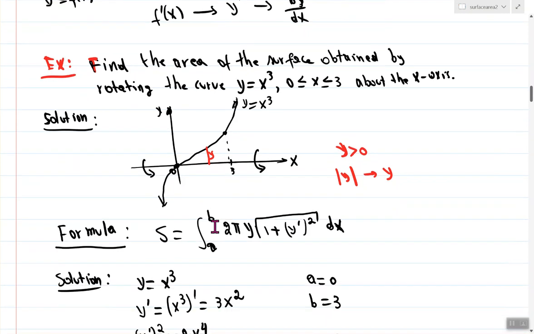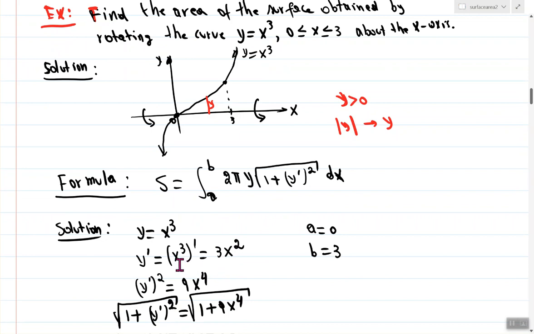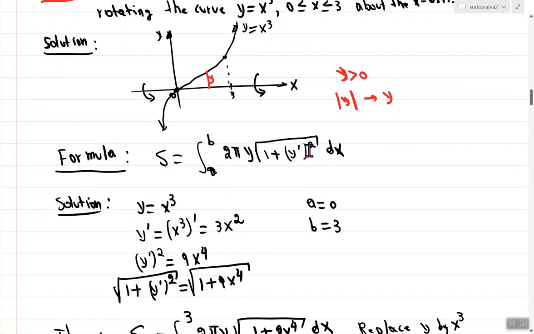So we need the derivative y prime. We differentiate x cubed to get 3x squared, and then we square it because it says so. We get 9 times x to the fourth. We add 1 to it, and then we put this under the square root. So it should give us this.